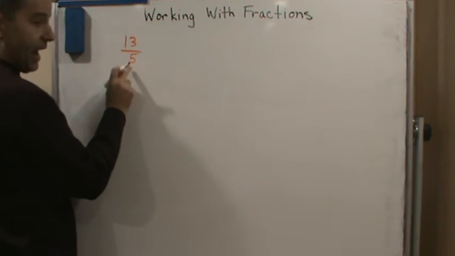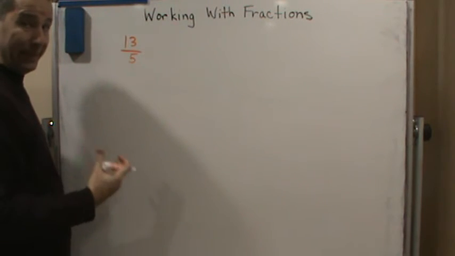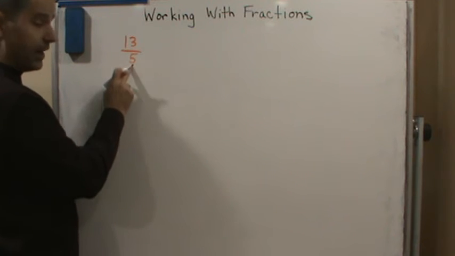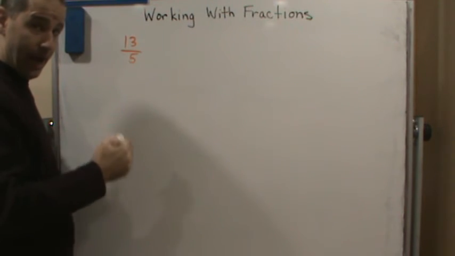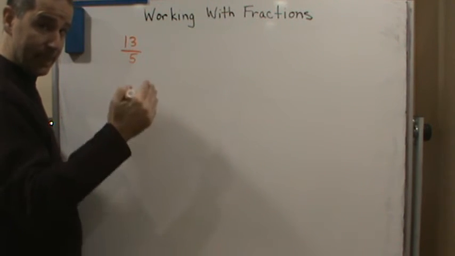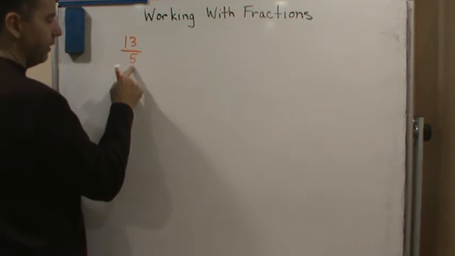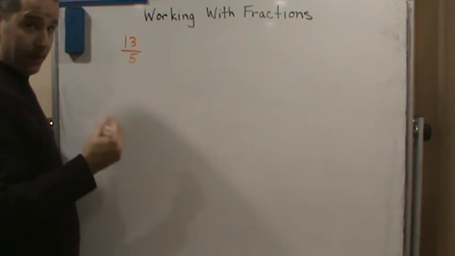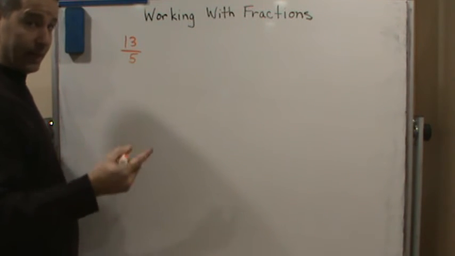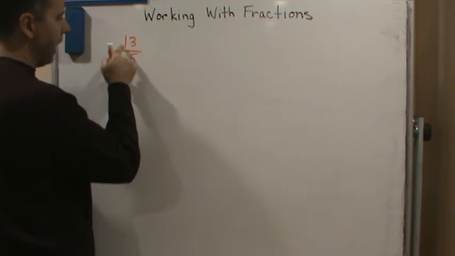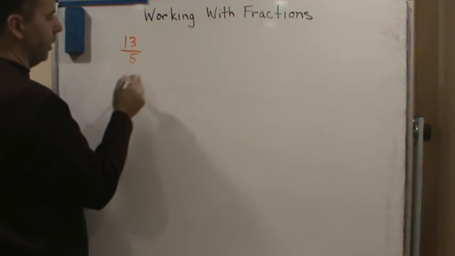So the denominator tells us how many we need to get 1. These are fifths. So we're talking about 5 equal pieces adds up to 1. So how many fifths do I need? I need 5. Well, how many 5s can I get out of 13?